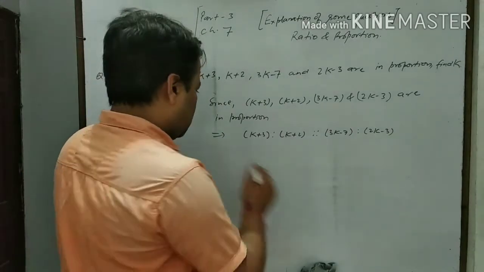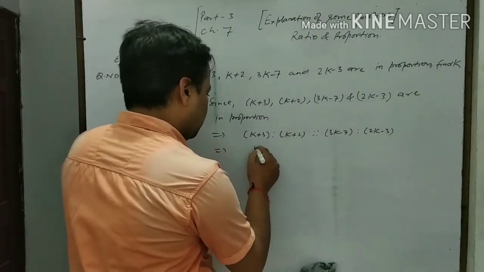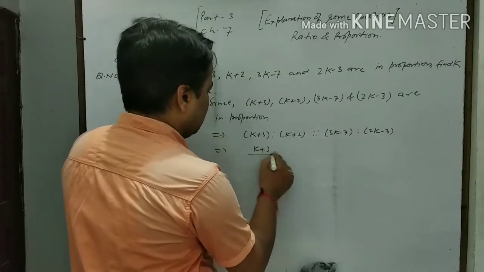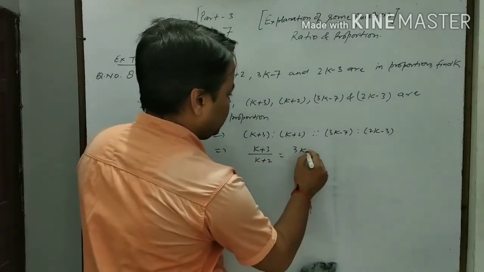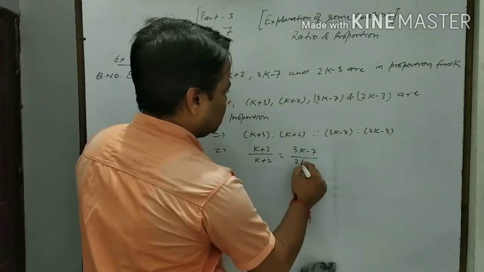This implies that k plus 3 upon k plus 2 is equal to 3k minus 7 upon 2k minus 3.